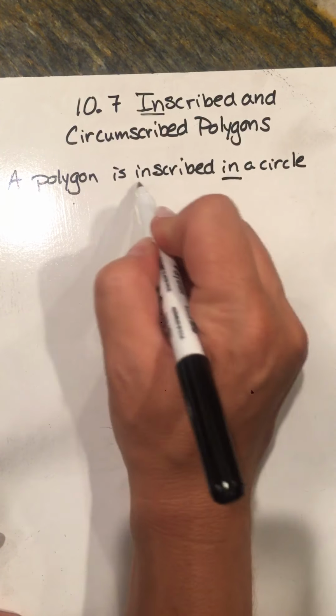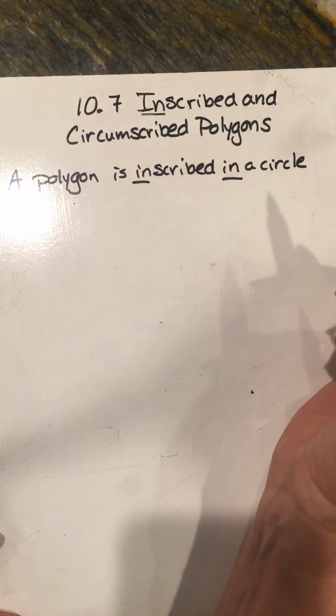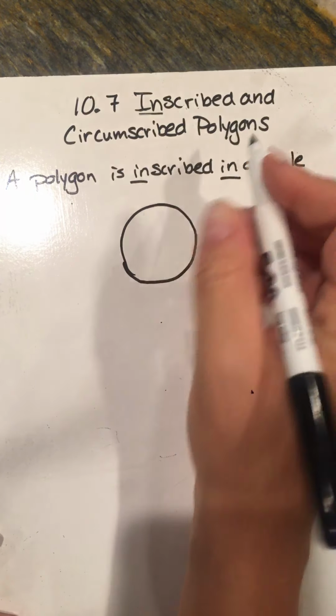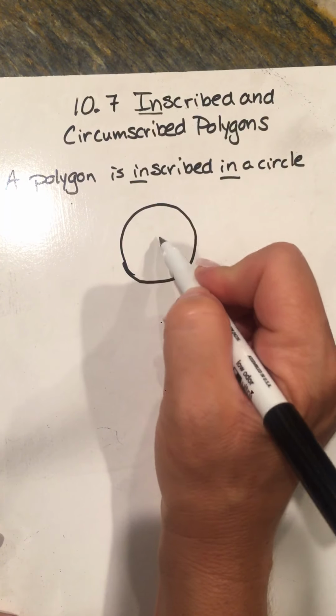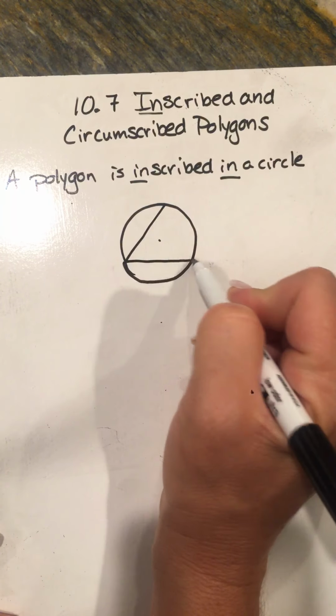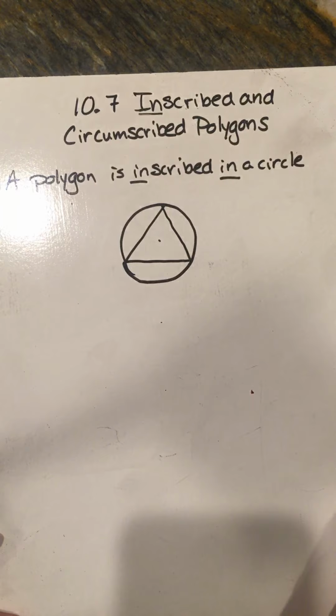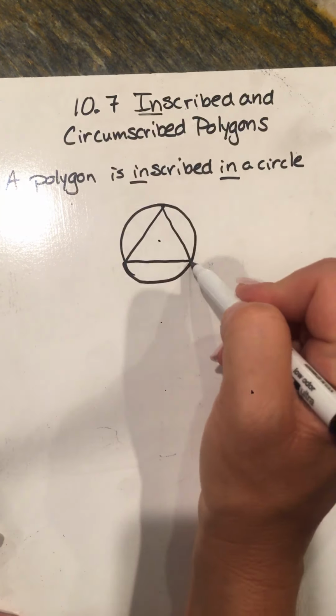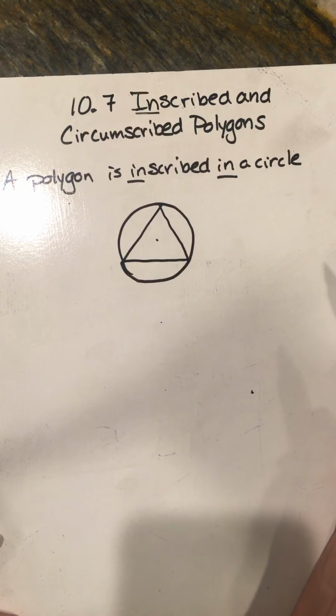So notice it's inscribed in a circle. So you have to have a circle. The polygon is inscribed in. So I'm going to use a triangle for my polygon. You could use any old polygon you want. But the polygon is drawn in the circle and the vertices are touching the circle.